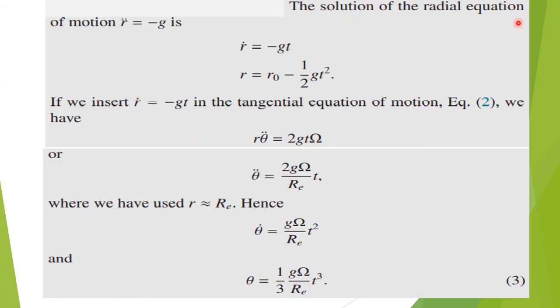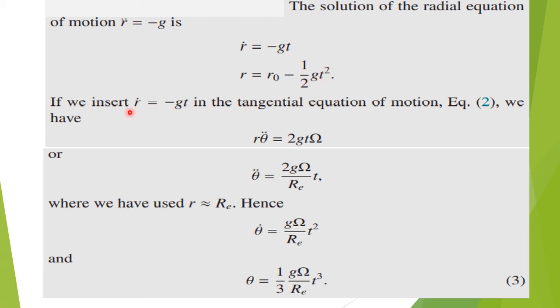Now we take the radial equation, r double dot is equal to minus g. On integrating you get ṙ is equal to minus g t. Again on integration you get r is equal to r0 minus half g t².